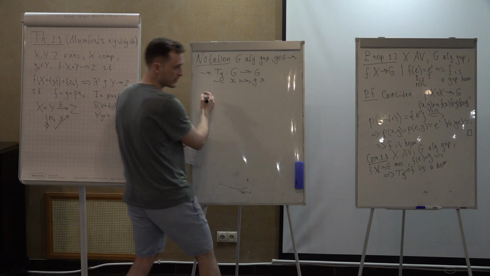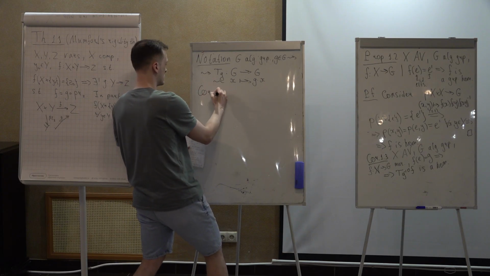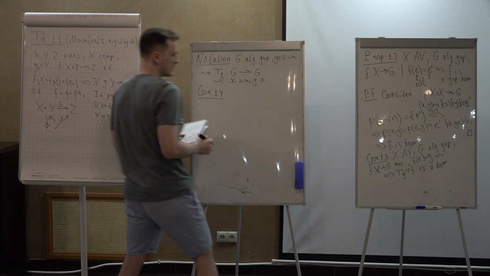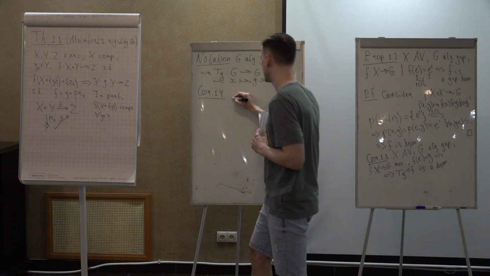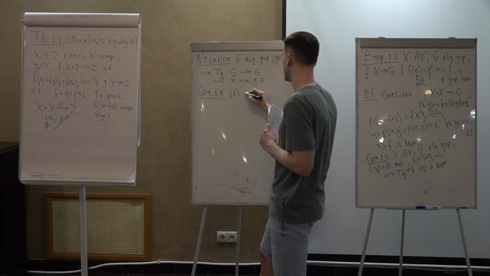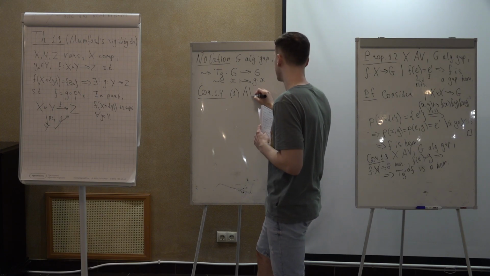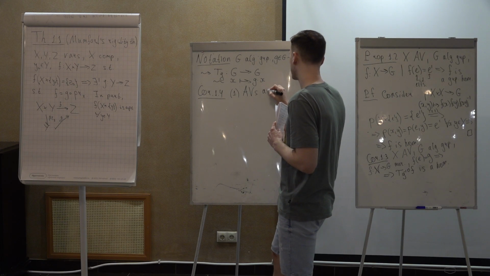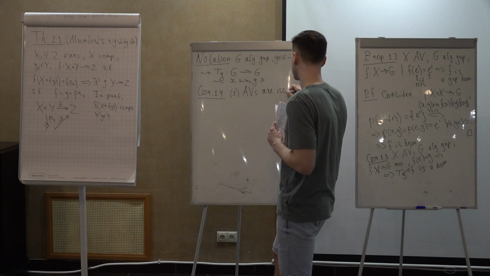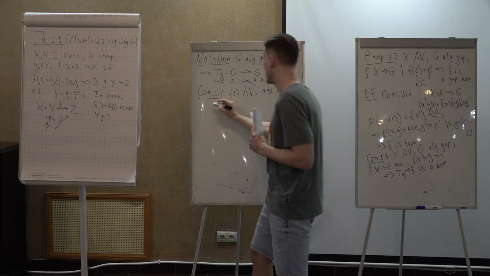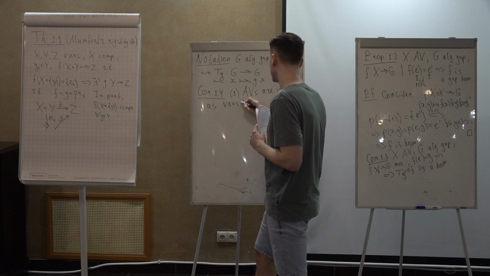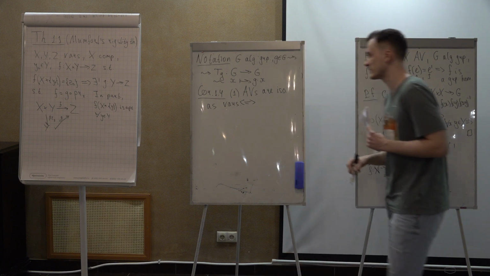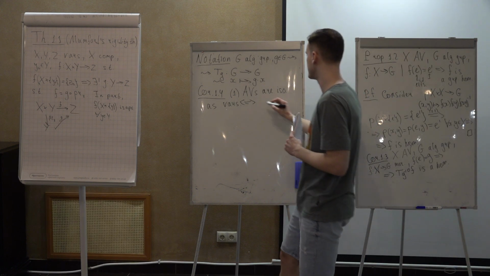And another corollary. So the first thing to note here is that Abelian varieties are isomorphic as varieties if and only if they are isomorphic as algebraic groups, right?